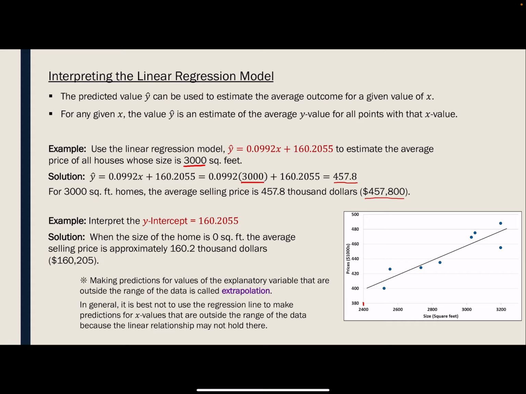And I'm bringing in kind of an extra little vocabulary word here. It says making predictions for values of the explanatory variable that are outside the range of the data is called extrapolation. We have to be very careful when we are trying to extrapolate something.